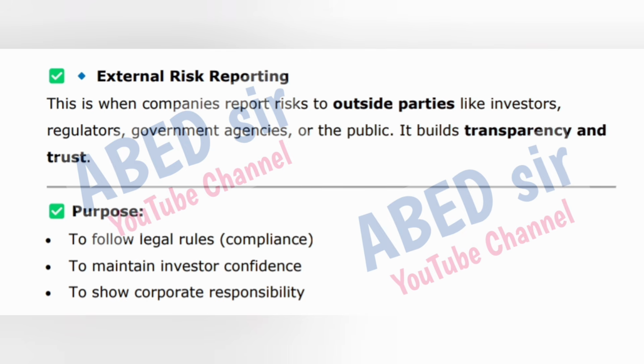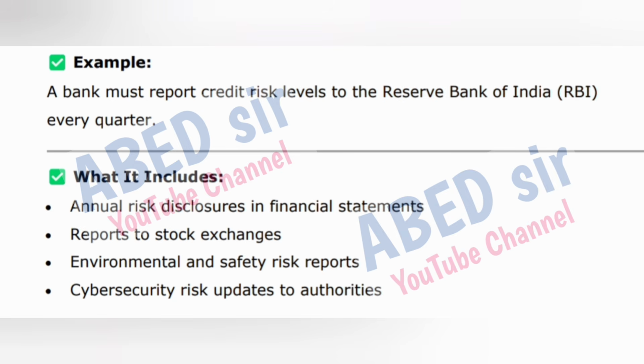It builds transparency and trust. Purpose: to follow legal rules, compliance, to maintain investor confidence, to show corporate responsibility. Example: a bank must report credit risk levels to the Reserve Bank of India, RBI, every quarter.